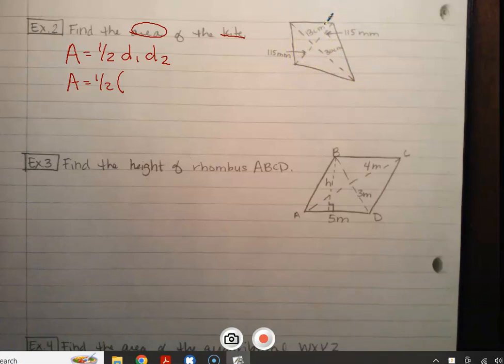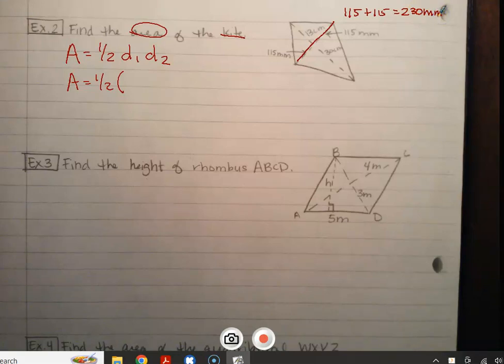So they've given us the dimensions for both of those. Okay, but they're in different units. That kind of stinks. So let's find the length of this whole diagonal. It's 115 plus 115, that would be 230 millimeters.